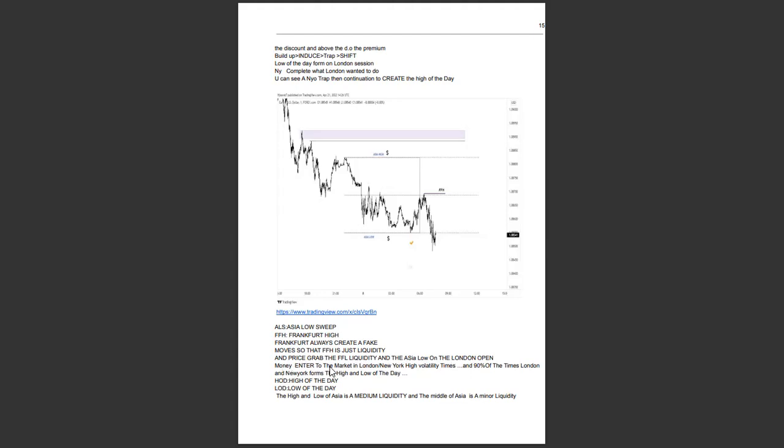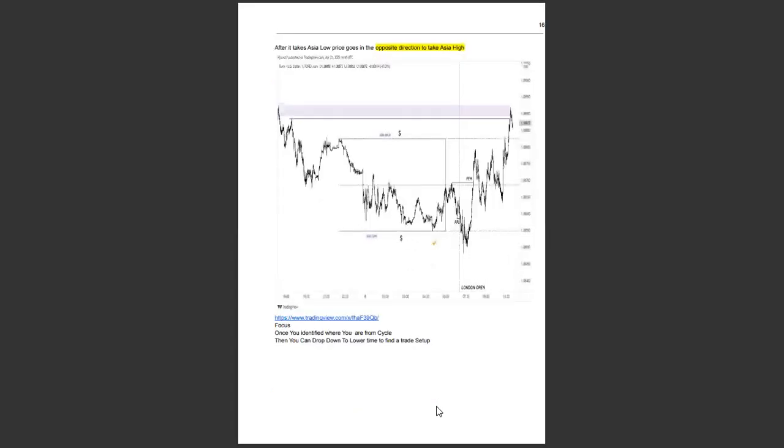Money enters the market in the London and New York high-volume times. 90% of the time London and New York form the high and the low of a day. The high and the low of Asia is a middle liquidity and the middle of Asia is a minor liquidity.